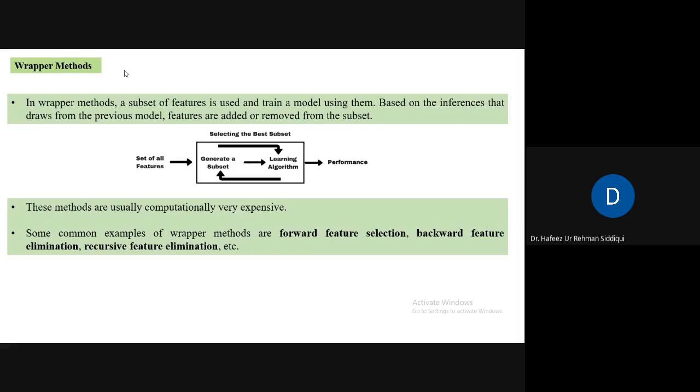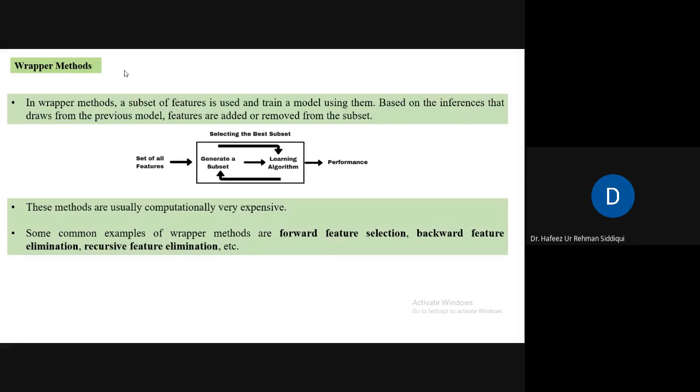And backward feature selection: like in our previous example, take 20 features and train your model with the entire data set with all features. You will get some performance, for example 40%. Then start decreasing. After every removal of a feature, check the performance.